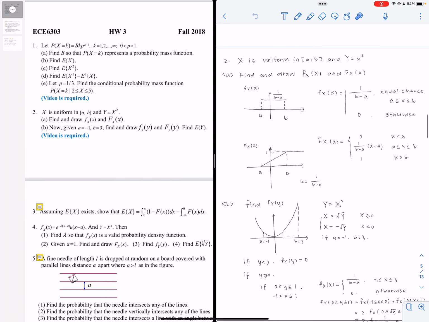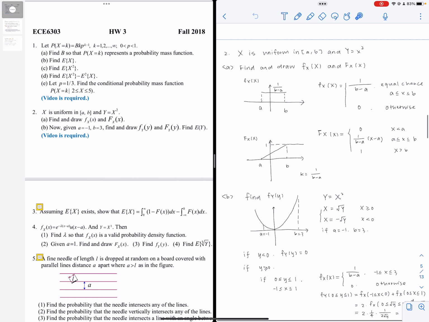So that will give us this value here, x minus a over b minus a, when x is within the interval a and b. And if we go over b, then we'll just get the entire area, which is 1.